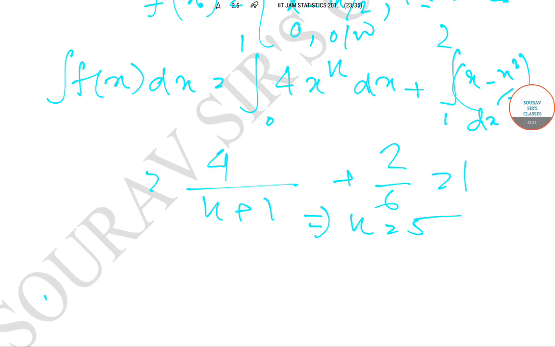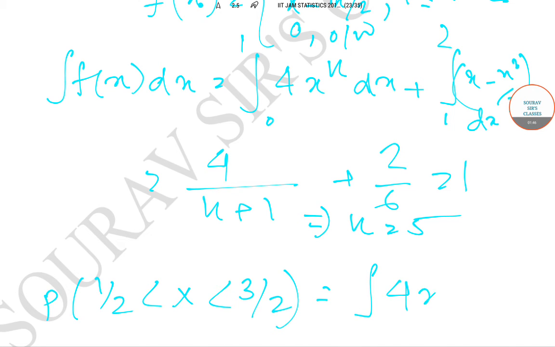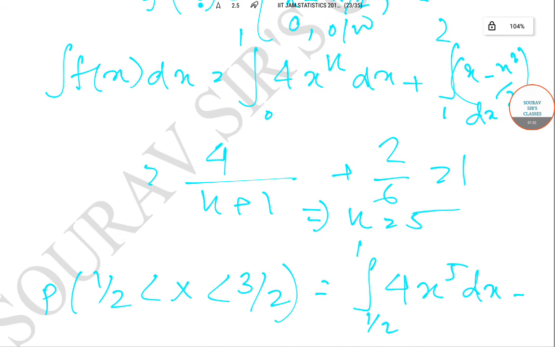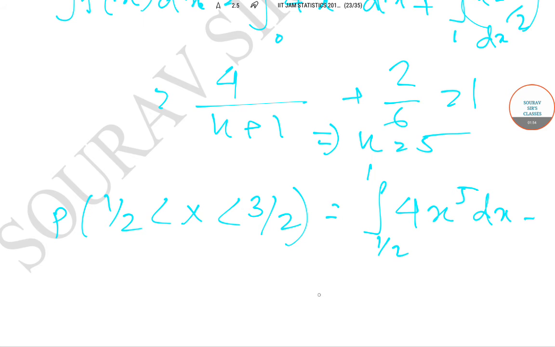Now probability of half less than x less than 3 by 2 equals integration of 4x to the power 5 dx from half to 1 plus integration from 1 to 3 by 2 of x minus x square by 2 dx.